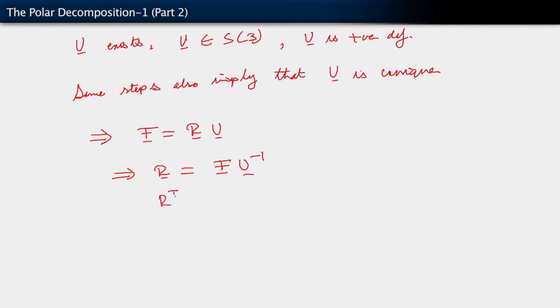Well, R transpose R equals U inverse transpose F transpose F U inverse. And here this is R transpose and this is R.